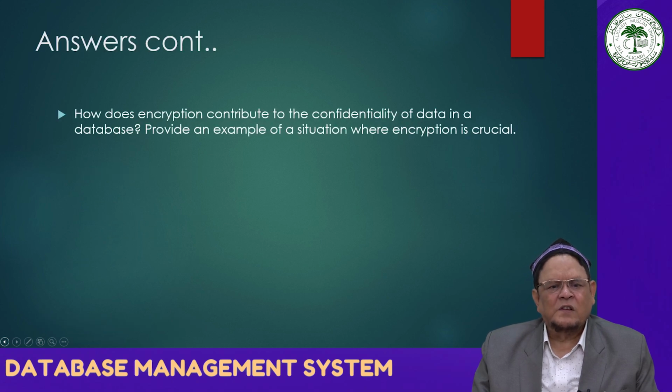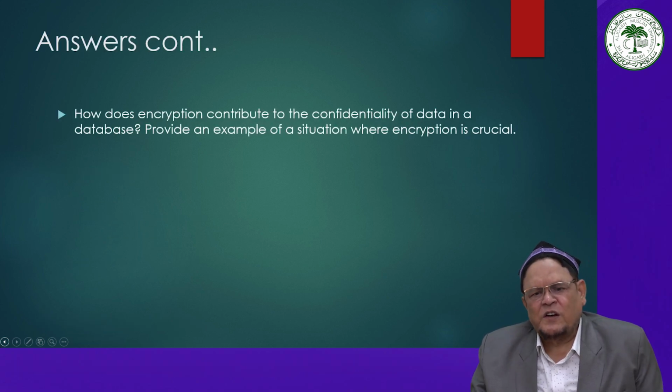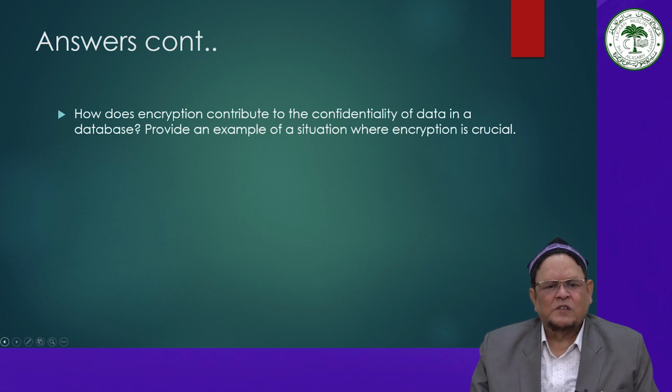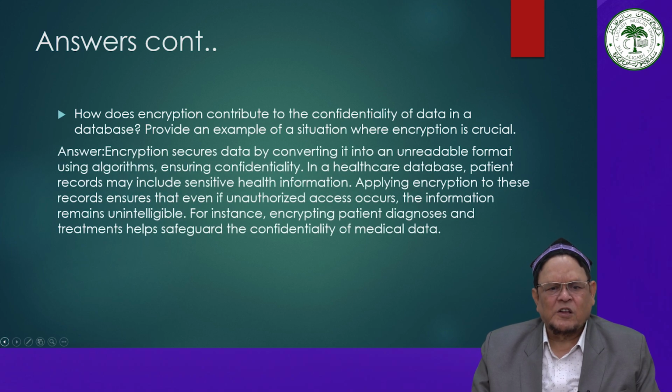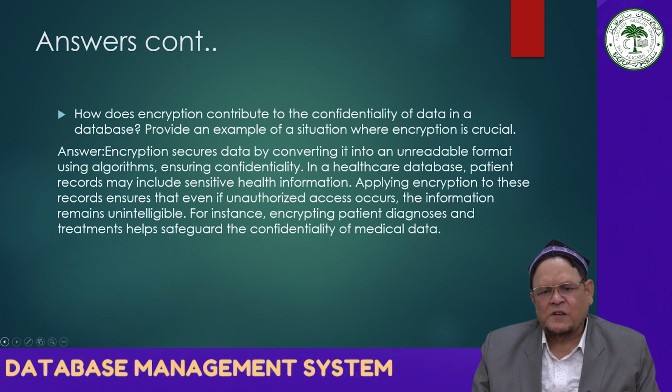How does encryption contribute to the confidentiality of data in a database? Provide an example of a situation where encryption is crucial. The answer is, encryption secures data by converting it into an unreadable format using algorithms, ensuring confidentiality. In a healthcare database, patients' records may include sensitive health information.